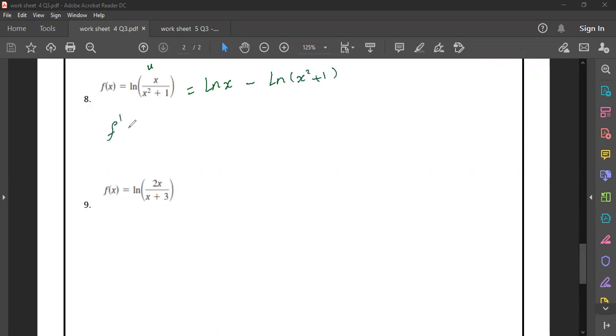Then find the derivative of the first minus the derivative of the second, which is u prime over u. What is the derivative of this? It will be 2x over x squared plus 1. I need the skills of simplifying a rational function, the operations of subtraction and addition on rational expressions.